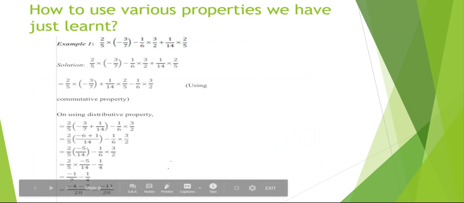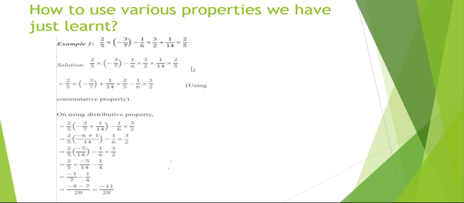Now we'll get to know how to use these properties so we can ease out the calculations. There's an example here which shows 2 by 5 multiplied by 3 by 7, minus 1 by 6 multiplied by 3 by 2, plus 1 by 4 multiplied by 2 by 5 again.